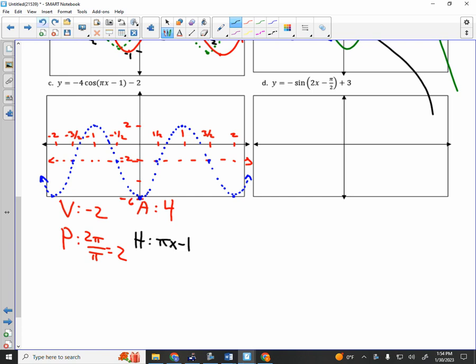Pi x minus 1 equals 0. Add the 1, I get pi x equals 1. Divide by pi, x equals 1 over pi. Now, I don't have a mark up here that tells me what 1 over pi is.